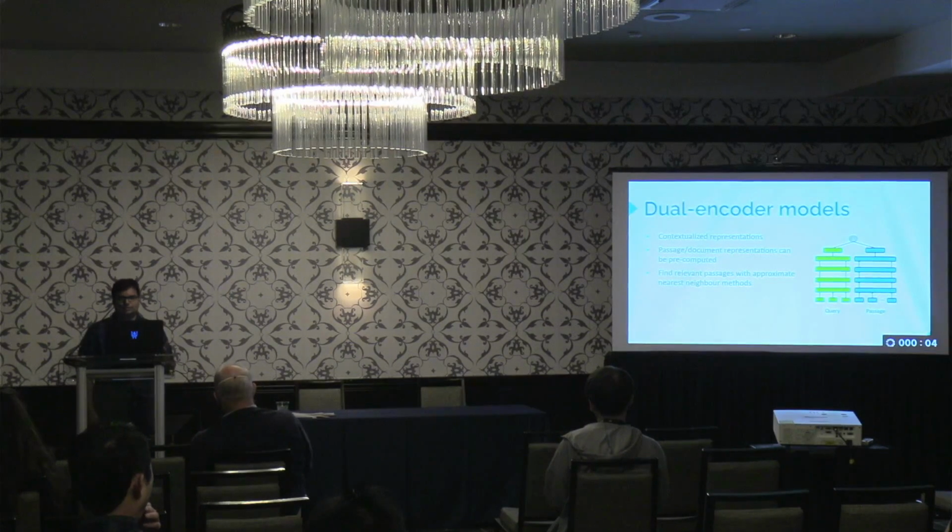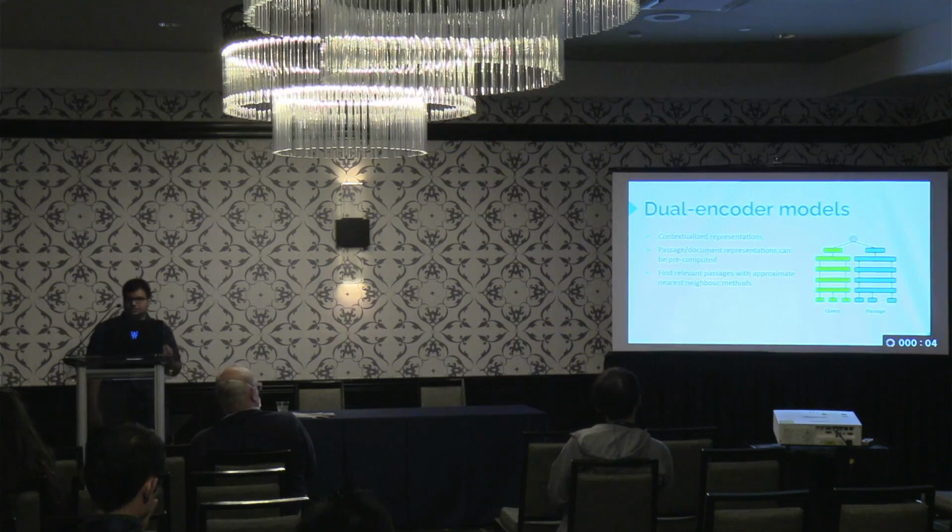And the nice thing about this setup is that the two encoders are distinct, meaning that we can pre-compute all the passage and document representations, and then when a new query comes along, we just use the query encoder to generate a representation for the query, and then we use approximate nearest neighbor methods to find the most similar or most relevant passages or documents from the collection for the query.